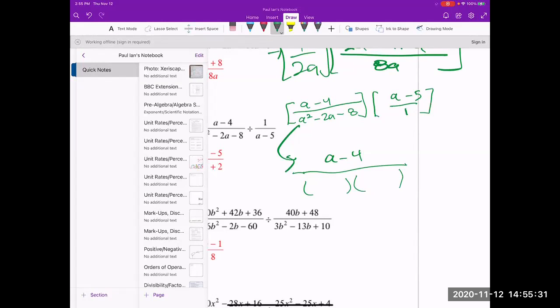So what two things can you factor? So a and then a, right? So what two things can you times gives you -8, but when you add them gives you -2? This is a tougher question.